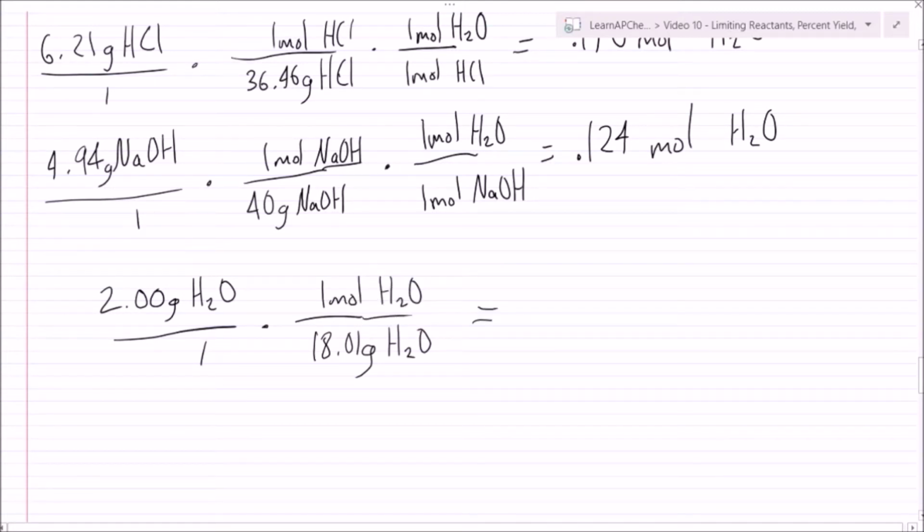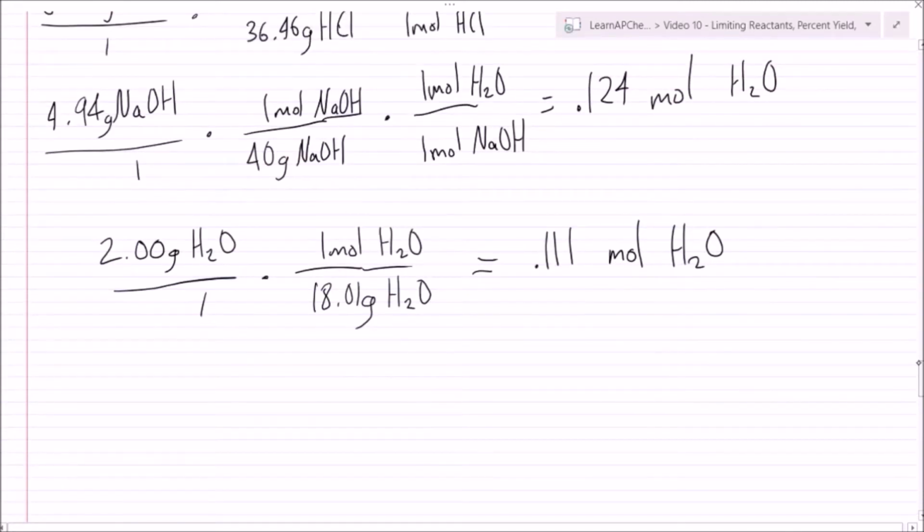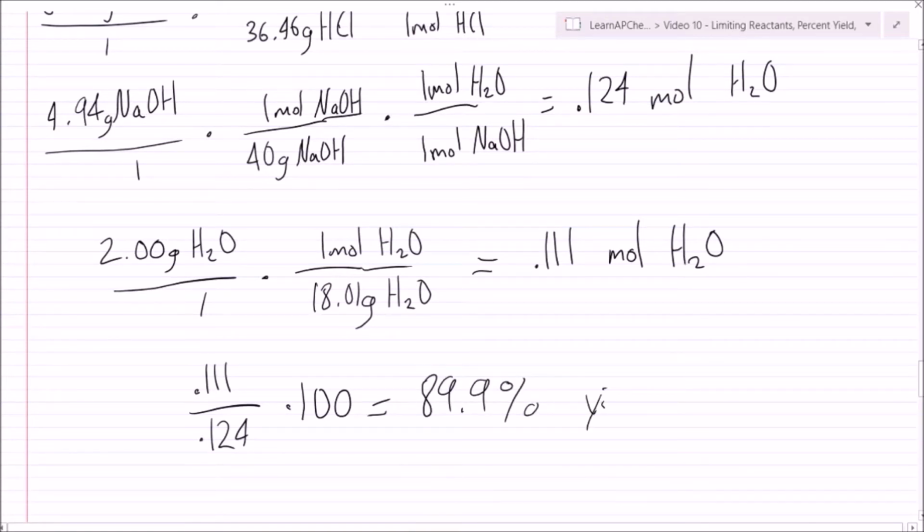This is going to get me 0.111 moles of H2O. And this is our actual yield. Here's our theoretical yield. And so I'll just plug this into my percent yield formula. And this is going to get us 89.9% yield.